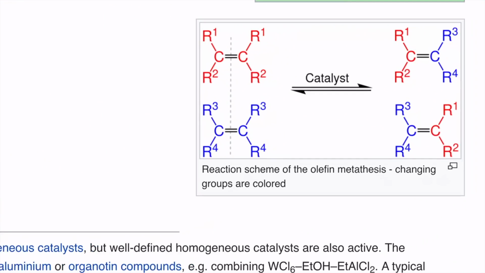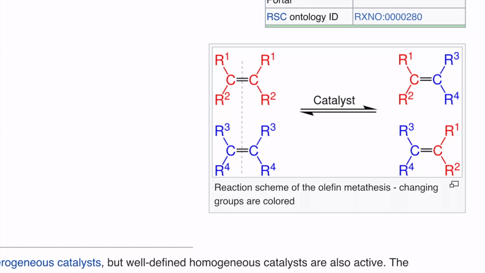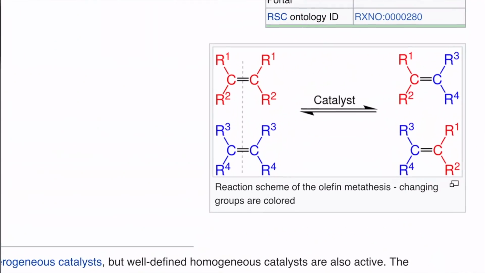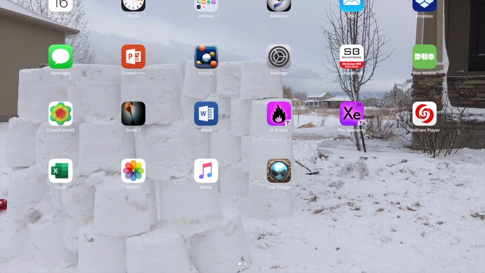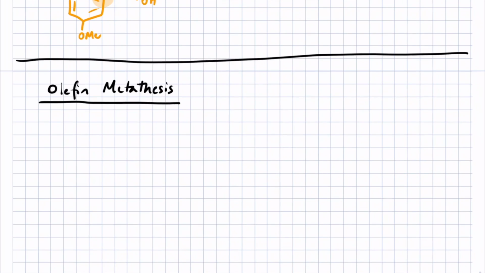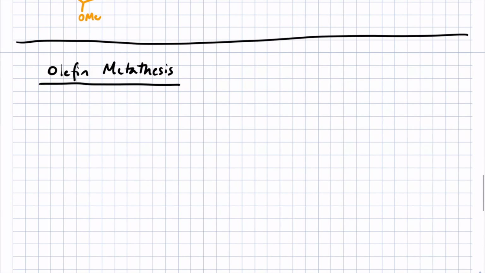And it's a beautiful reaction because it can take two alkenes, clip them down the middle, and reattach them together in a new way.